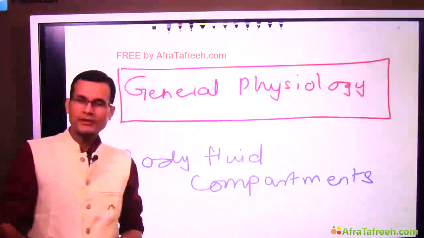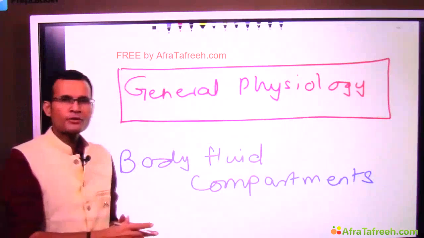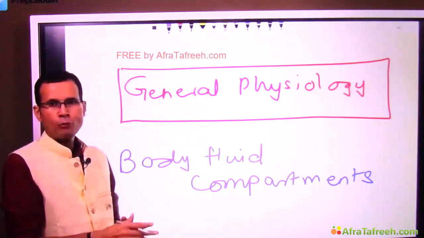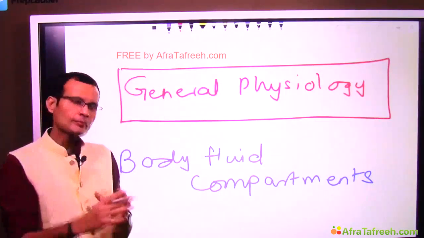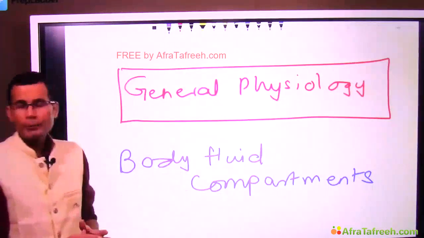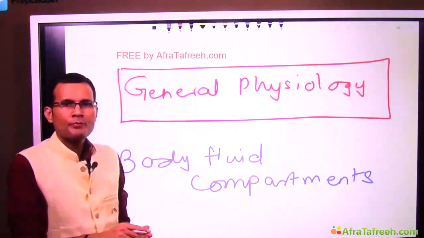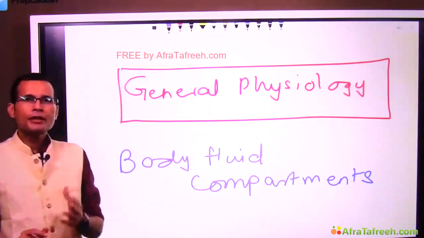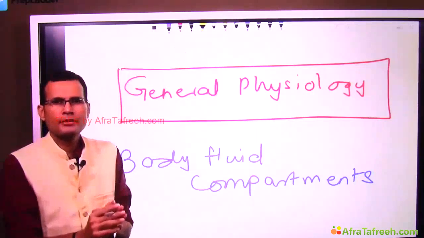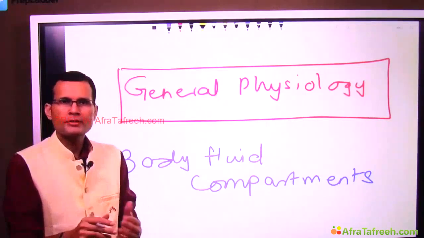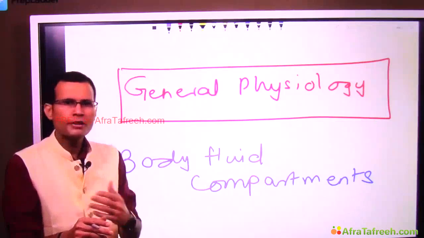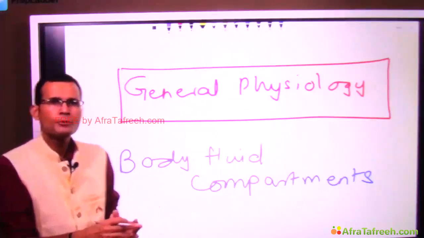Hello dear students. The chapter of general physiology has four distinct segments. First, we will begin with body fluid compartments. After that, we will take concepts in physiology like homeostasis, milieu interieur, positive and negative feedback, and so forth.